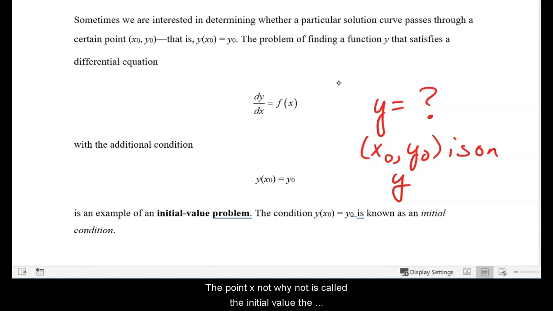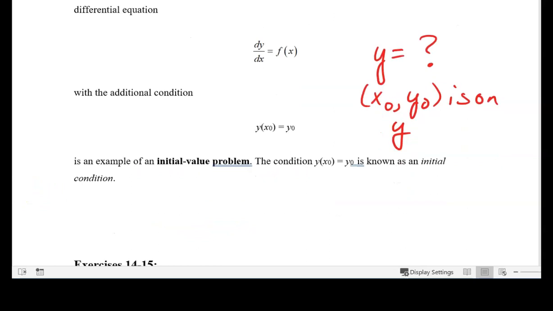The point (x naught, y naught) is called the initial value. The problem of solving it, where the derivative of y is equal to lowercase f of x, and the initial condition is y of x naught equals y naught, is called an initial value problem.